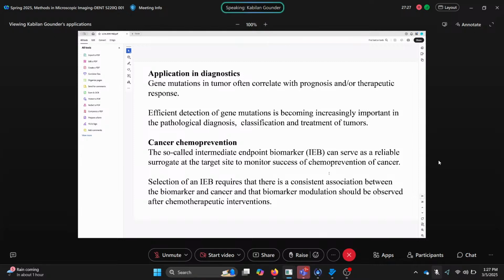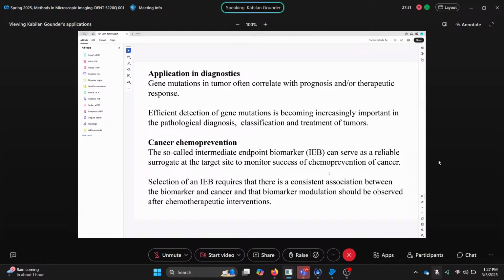The selection of an intermediate endpoint biomarker requires that there is a consistent association between the biomarker and the cancer, and that biomarker modulation should be observed after chemotherapeutic intervention.